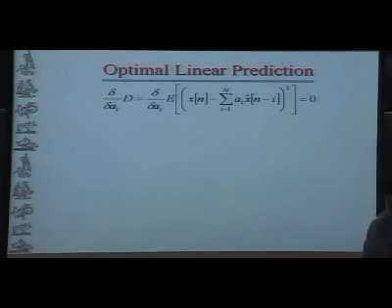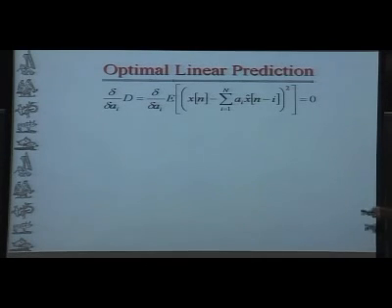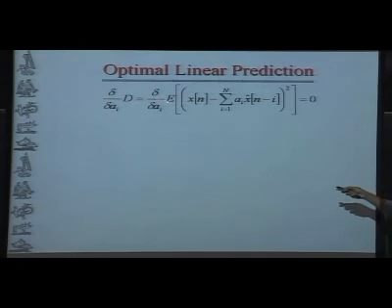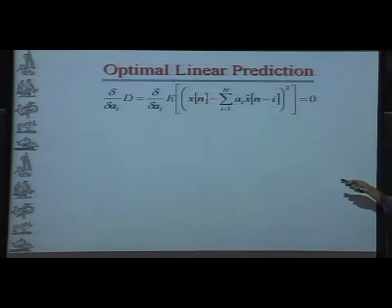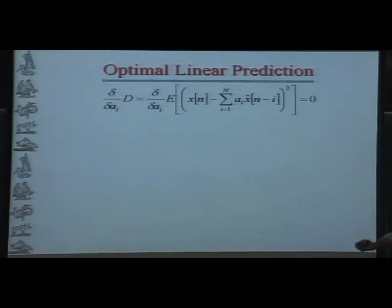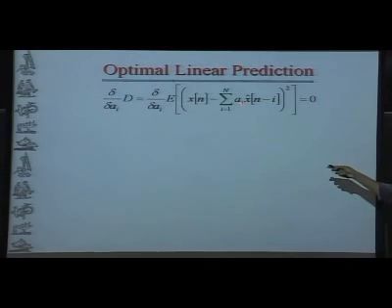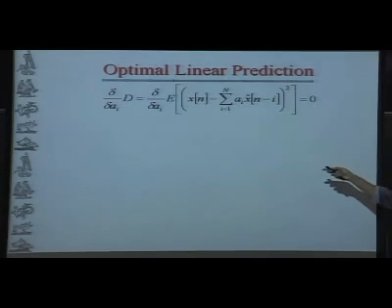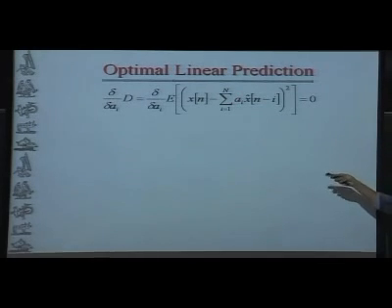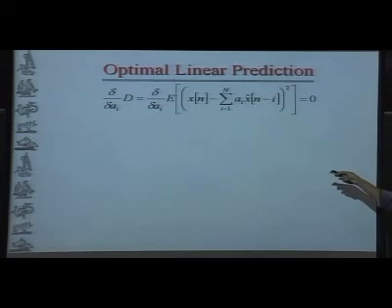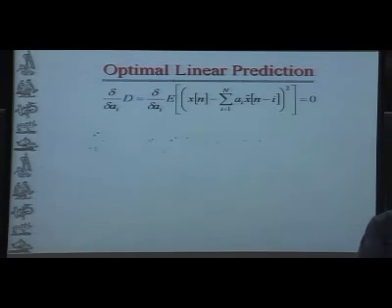So let's think about this. How do I do this? I take the derivative of d with respect to ai, and I have to do this for a0, a1, a2, a3 and a4. When I do a0, I pick up only the first term. I do a1, a2, a3, the way I write my summation. So first I'm going to do a1.